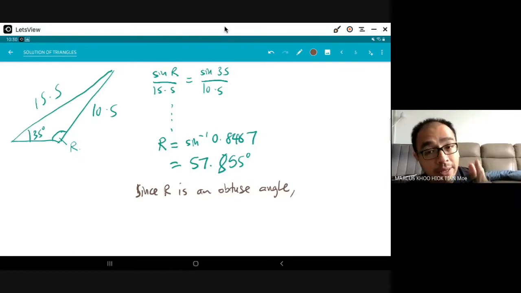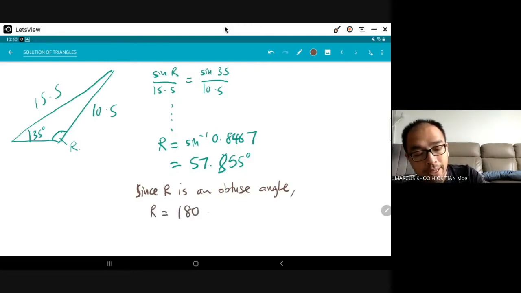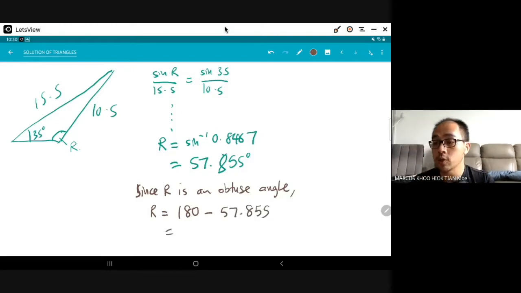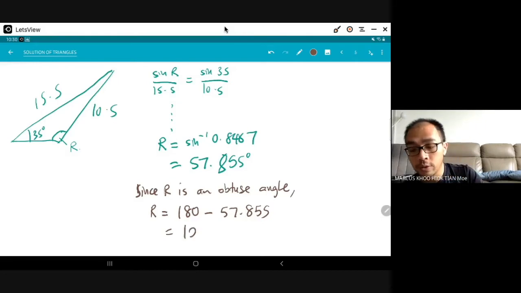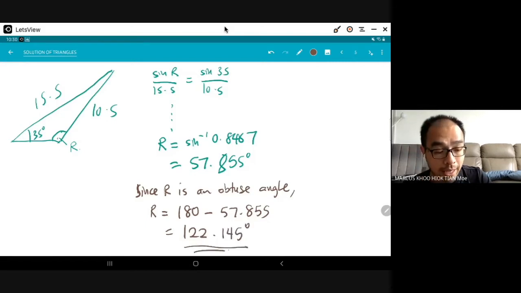Since R is an obtuse angle, R must equal 180 minus 57.855, which will give you 122.145 degrees. So this angle is 122.145 degrees.